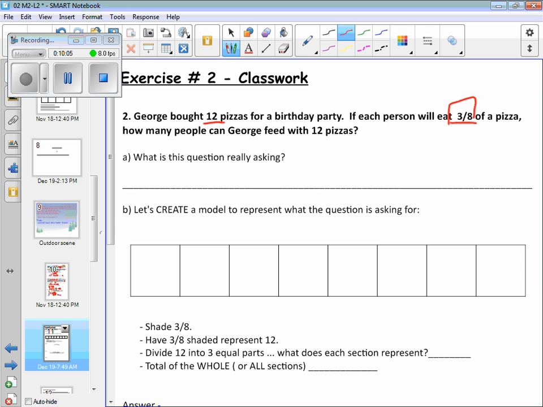There's two ways that we can restate this. It could be 3/8 of what number is 12. That's one way of writing it. And then I'm going to show you the easier way, but write that down for right now.